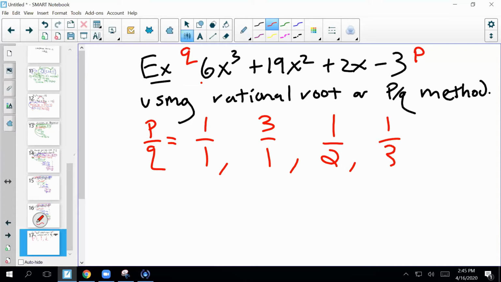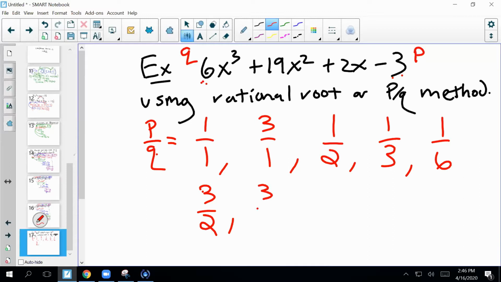We also have 1/3, 1/6. There's a lot of possibilities because 2, 3, and 6 are all possibilities for your Q. And we're still not done because we also could have 3 over 2, right? 3 is a possibility for P, 2 is a possibility for Q, so 3 over 2 is a possibility for the root.